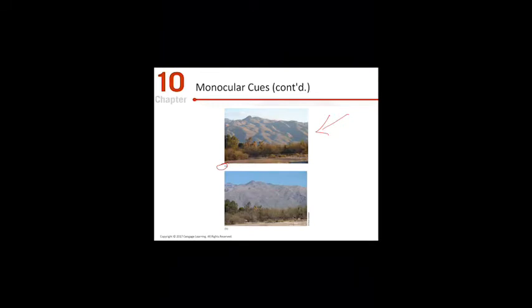So early morning shadows emphasize contours, in this case the mountain contours. But here, where the sun is up higher overhead, the contours are much more difficult to see. So it actually gives us a lot of depth information when the shadows are hitting, for example, in the morning. So those are the monocular cues.